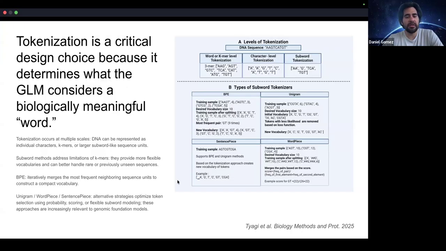Unigram, WordPiece, and SentencePiece are alternative strategies that optimize tokenization using probability scoring and flexible word modeling. These approaches are increasingly relevant to genomic foundation models. So BPE, unigram, SentencePiece, and WordPiece are all types of subword tokenizers.